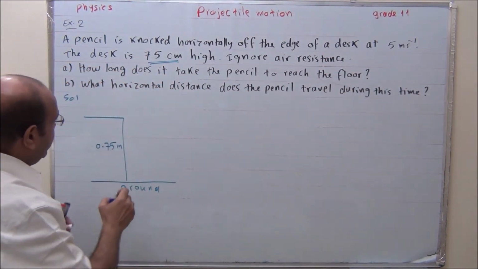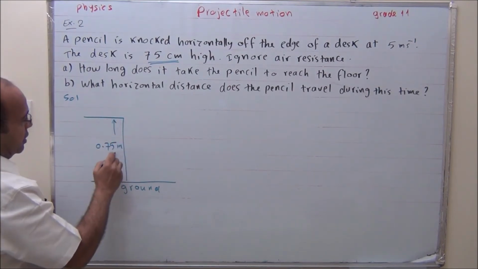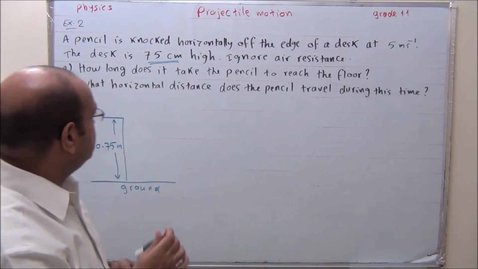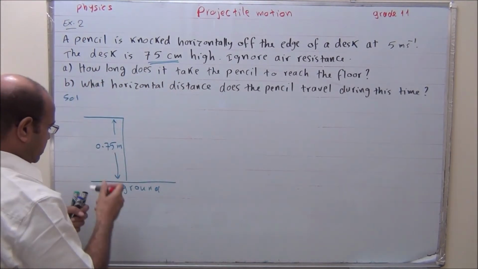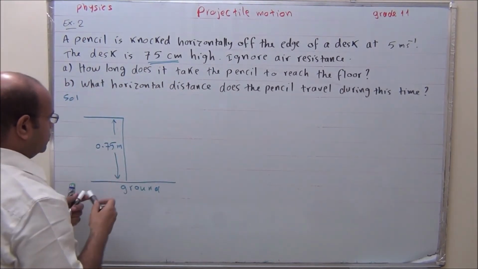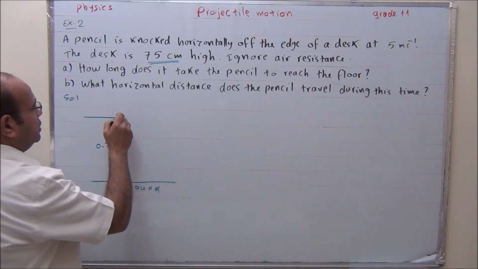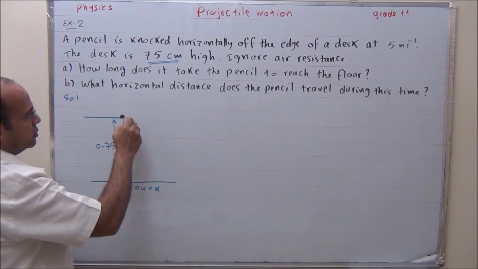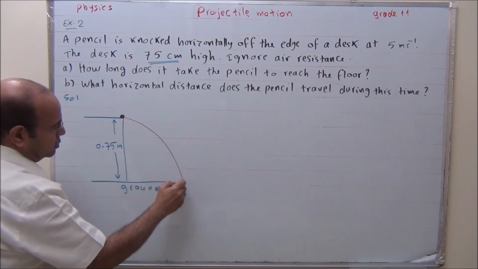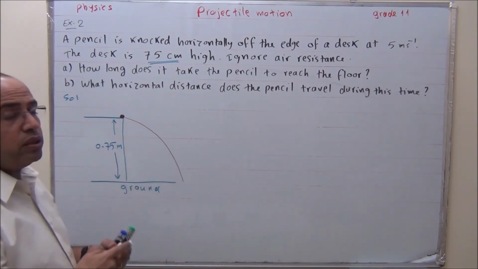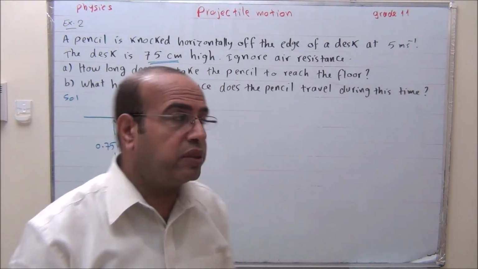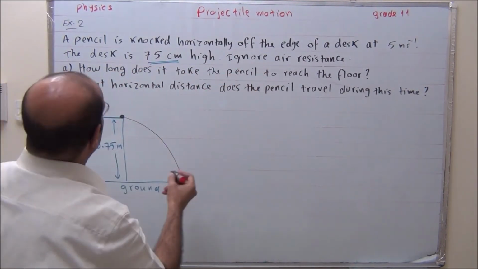So the height of the desk is 0.75 meter. This is the pencil, it's a point. So it moves in this direction. What do we have here? We have the horizontal velocity, 5 meters per second.